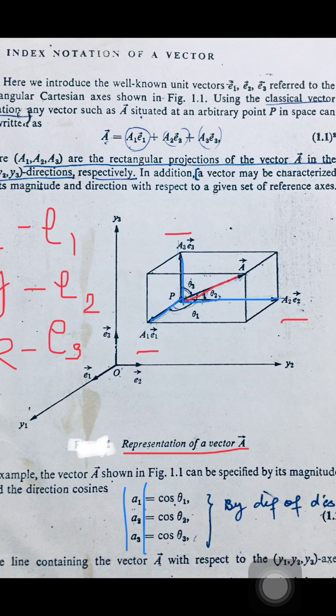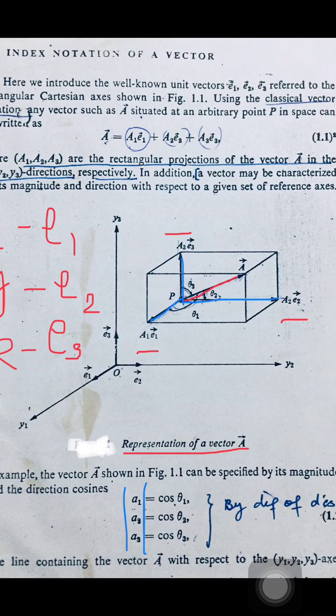These are the two parallel blue lines. You are seeing here A1, A2, A3. Small a1 is the direction cosine with respect to the first axis, that is cos theta 1. Small a2 is the direction cosine, cos theta 2, with the second axis.